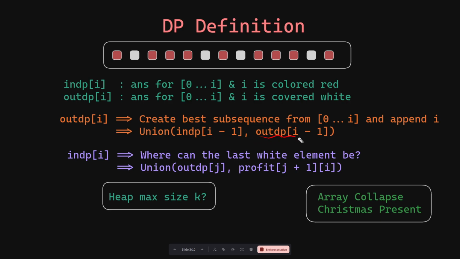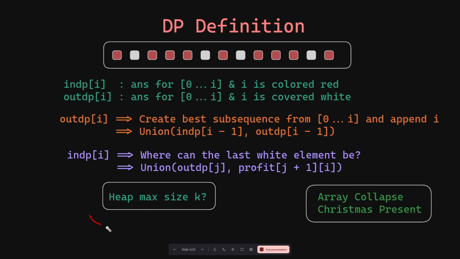these two values. But notice that if you do a union of these two values, then the size of this out dp would grow exponentially. But remember that the problem only asks you to print the k maximum elements.